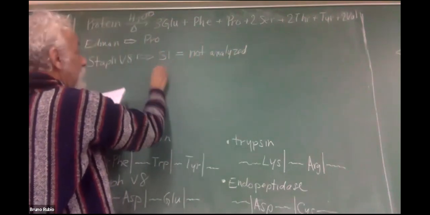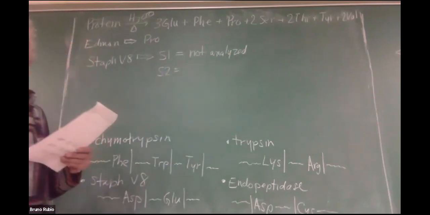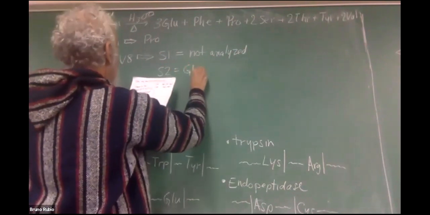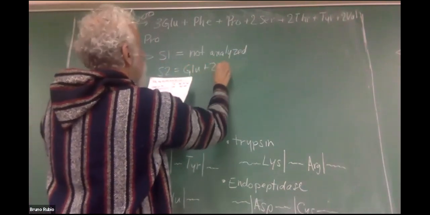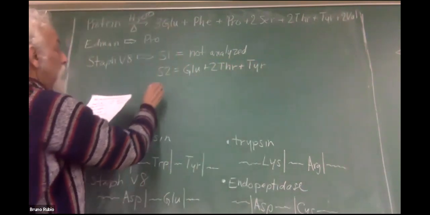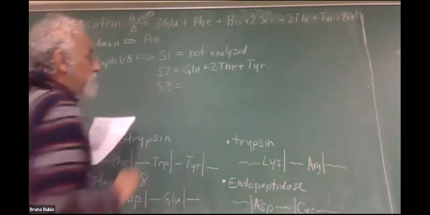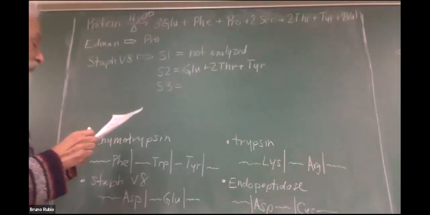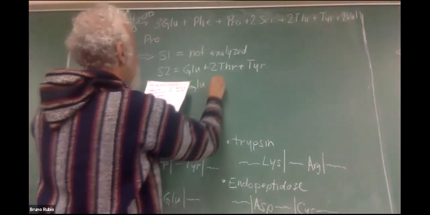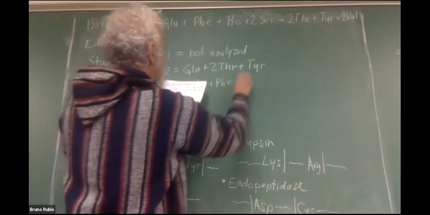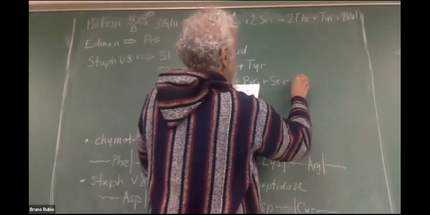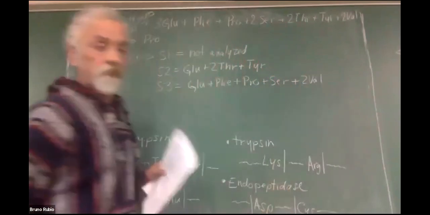But the fragment S2 turned out to be glutamic acid, 2 threonines, and a tyrosine. And then we took the fragment S3, and that was analyzed. That turned out to be a glutamic acid, a phenylalanine, a proline, a serine, and 2 valines.